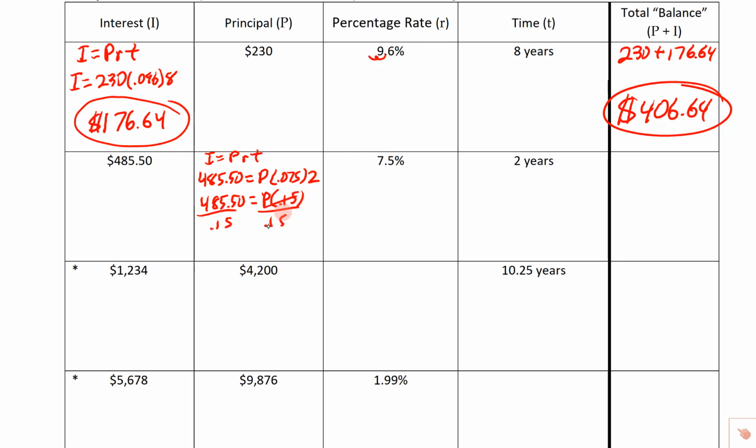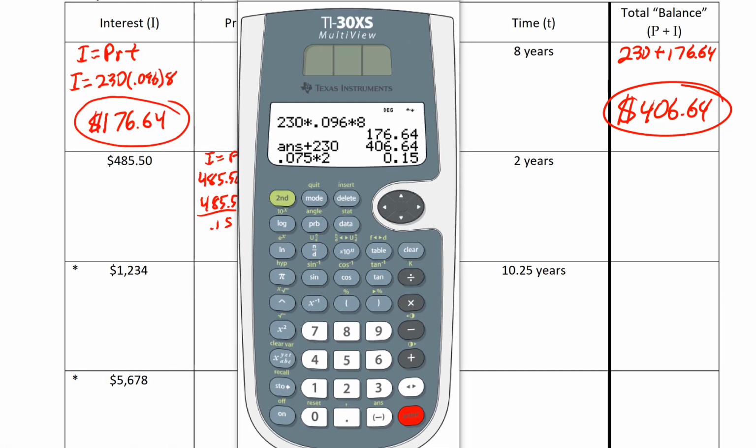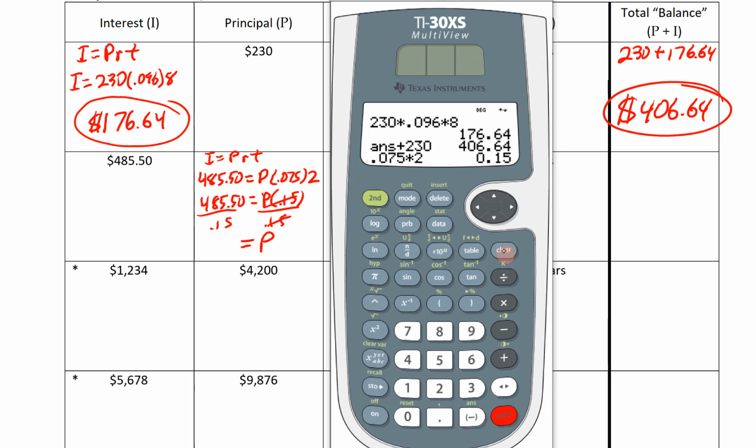Now, the nice thing about this is we're just doing this a step at a time. We're going to figure out what the answer is, and we don't have to get too complicated about the stuff we plug into the calculator, but I will show you another way to do this in just a second. So we're going to take 485.5, better make sure I got that in there, and then we're going to divide by 0.15.